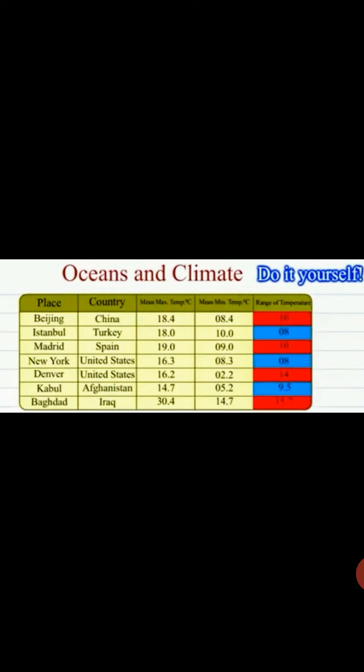Mention the places having the smallest and greatest temperature ranges. You can see in the table also. Beijing, Madrid, Denver, Kabul and Baghdad are far away from the ocean. Okay, these places are far away from the oceans. So the places having the smallest and greatest temperature ranges. Okay, students.